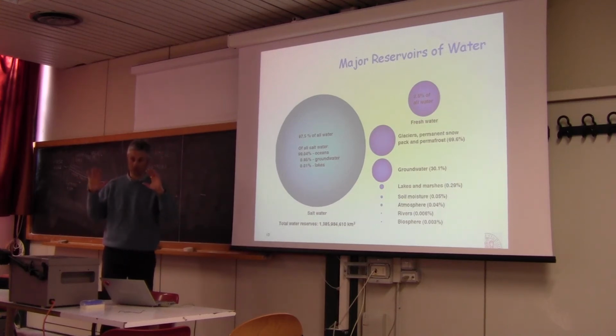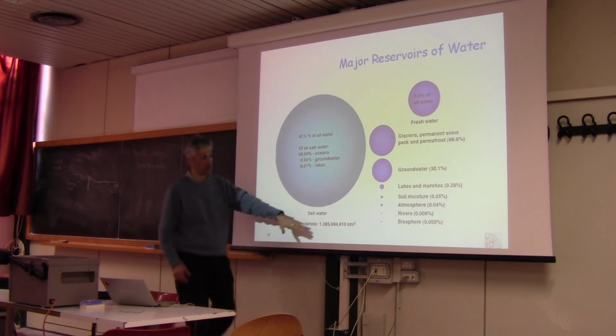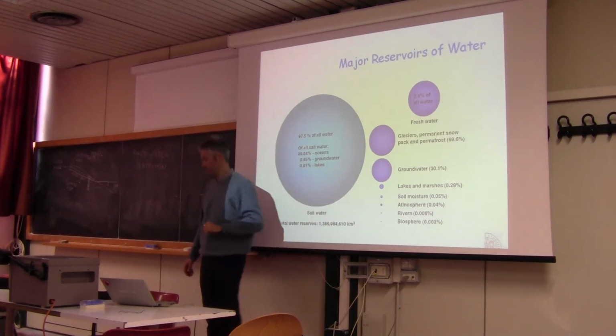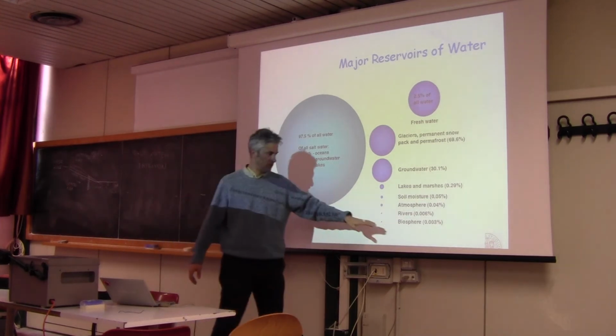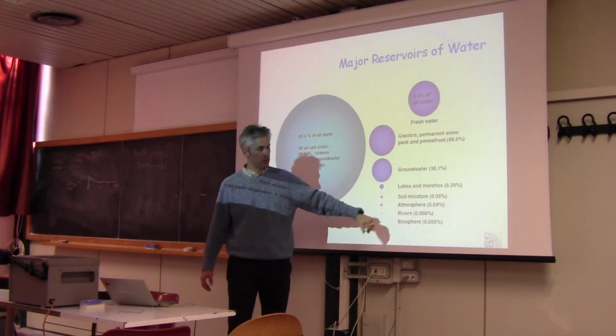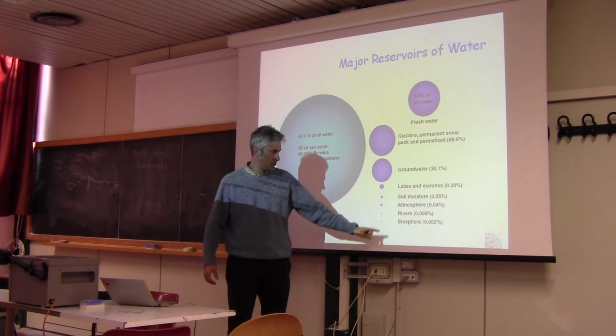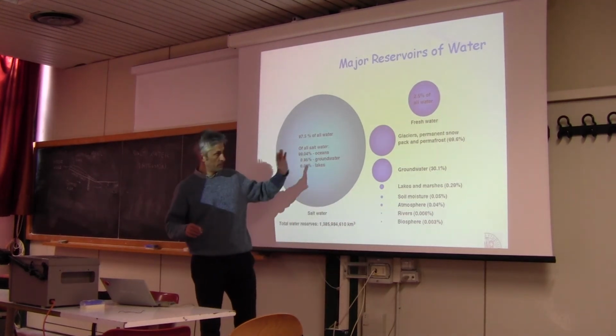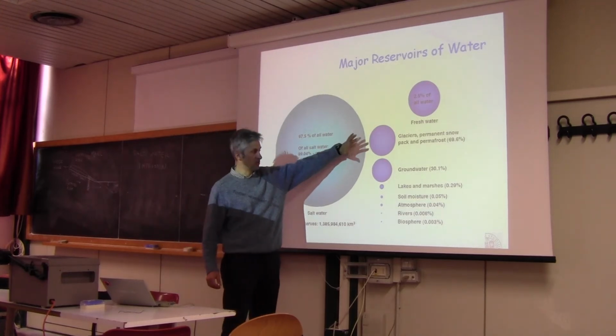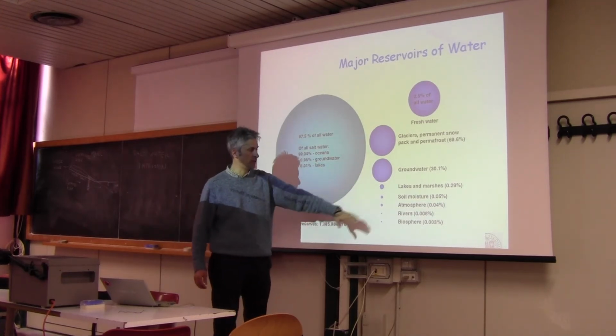So you have also water in living organisms like humans, like plants, and this is the biosphere. But this is very reduced, of course, even if you see that it's comparable to water in rivers. So, again, let's concentrate from now on groundwater and rivers.